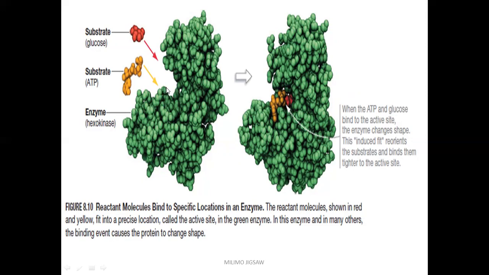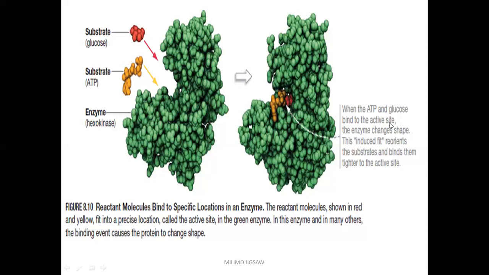So that's the active site. Now, when the substrate binds, there is a conformational change in the enzyme, as we have explained in the induced fit model.